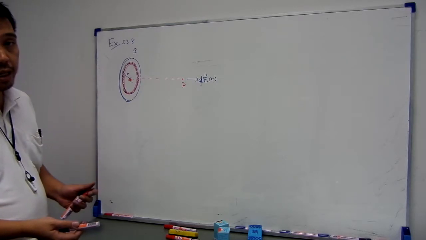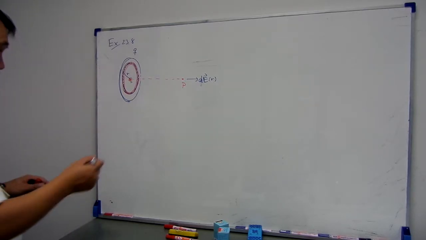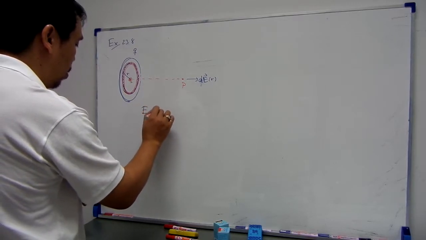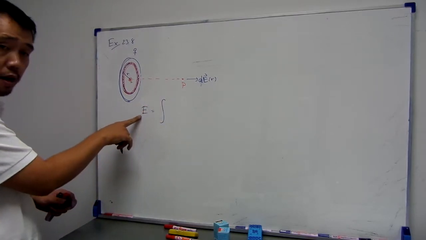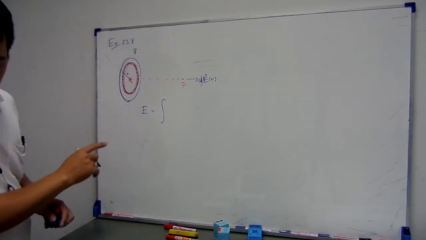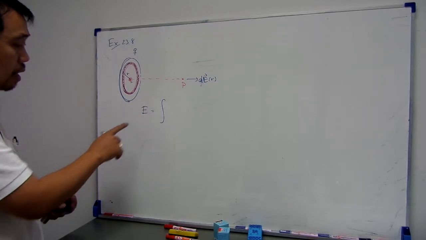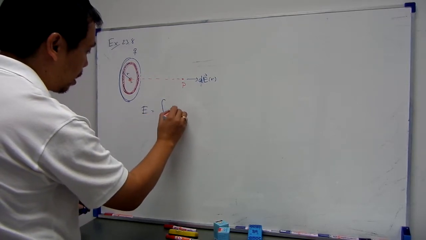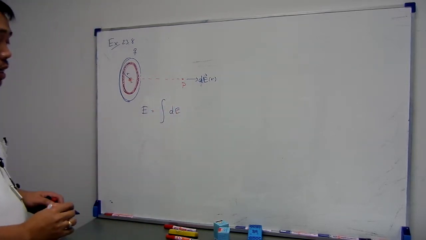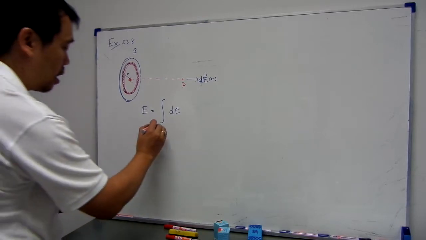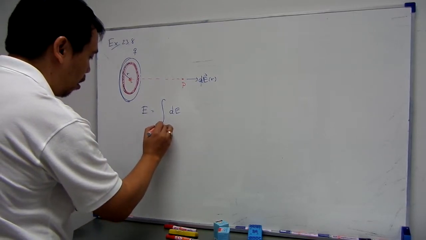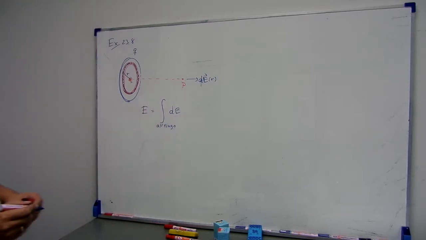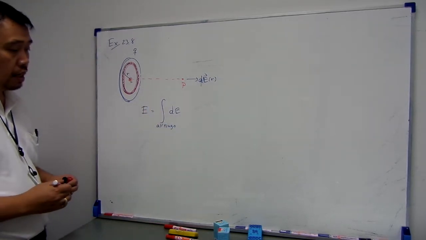So we have that, looking only at the magnitude, E is the integral of dE for all rings.